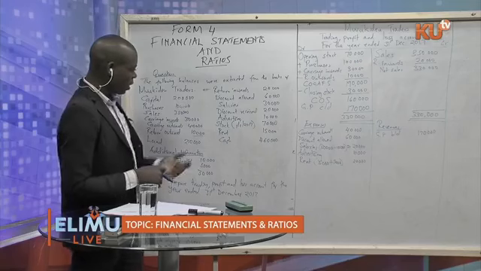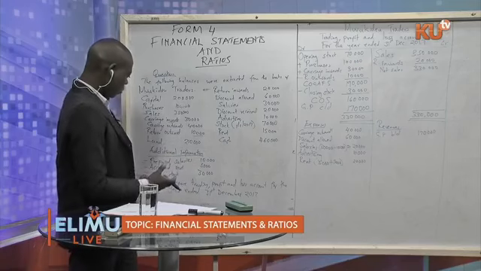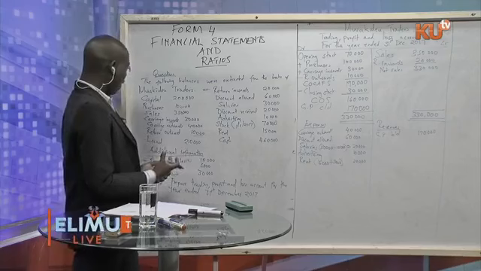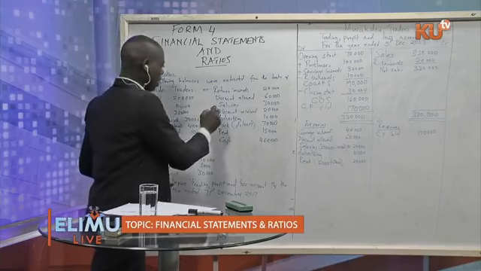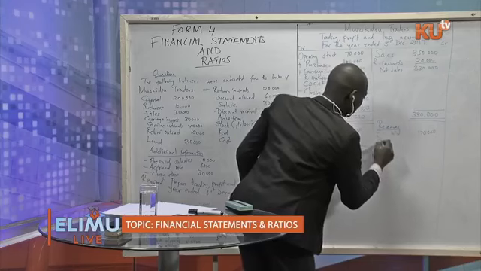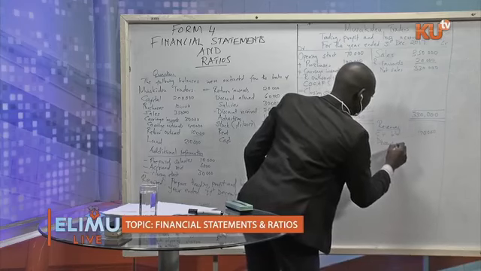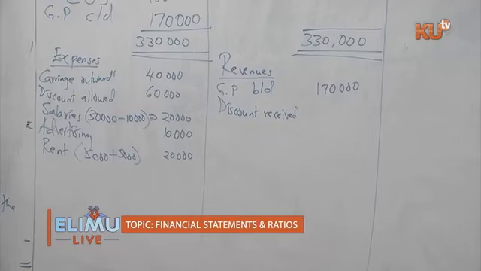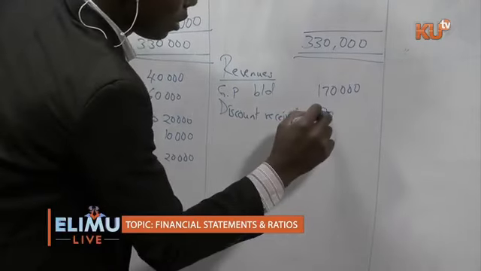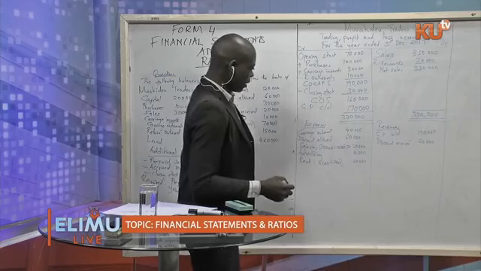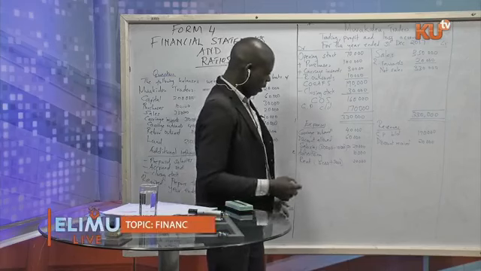So we finished all the entries concerning the expenses as far as the question is concerned. And then now we need to look at the incomes. And from the entries, we only have one, discount received. So we'll record it here, discount received, which will be 20,000. And so we need to add and see which side is higher than the other.